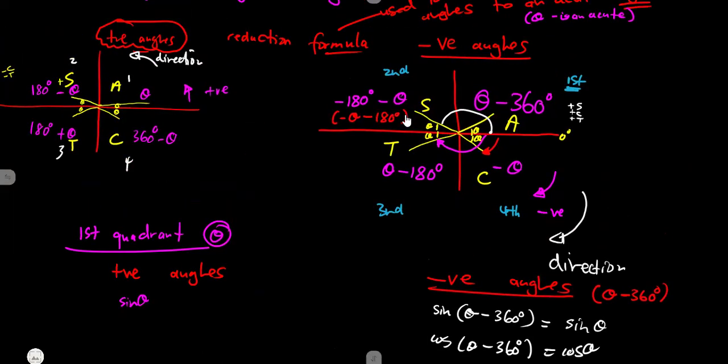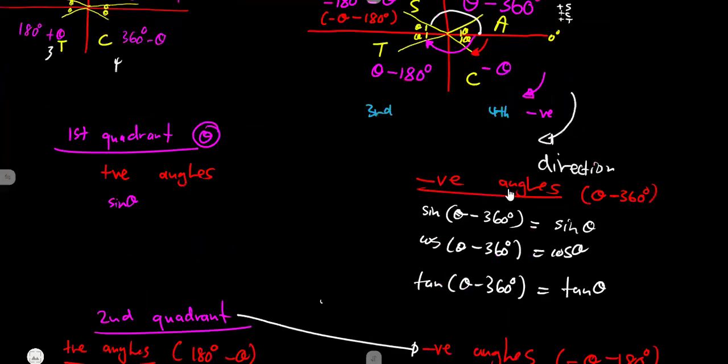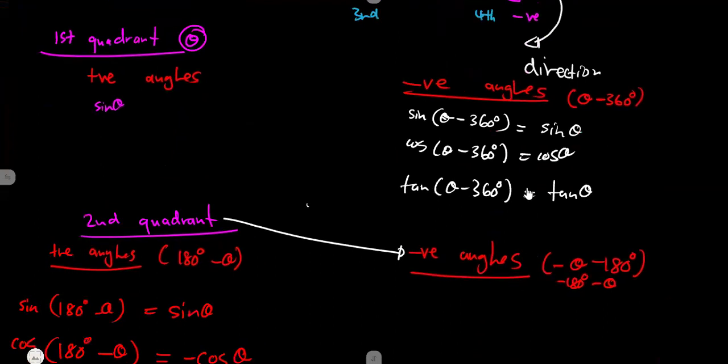It simply means only sine is positive. So cos is going to be negative, tan is going to be negative, just like what we saw here, because it's the second quadrant. Those are the properties that you're supposed to understand about the second quadrant, third quadrant, fourth, and so on.